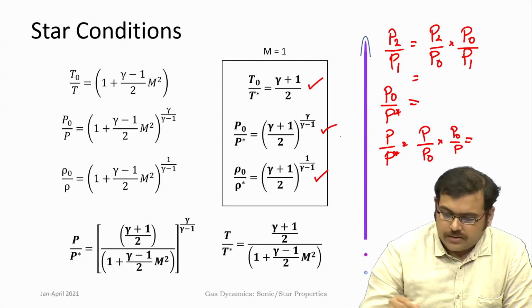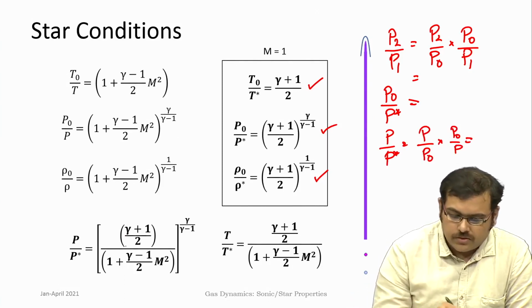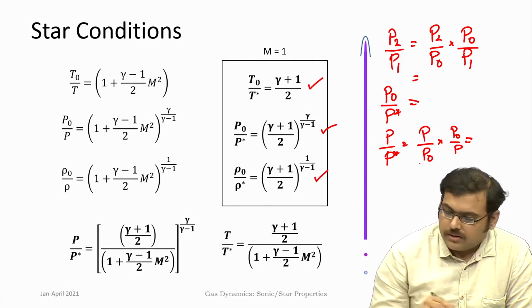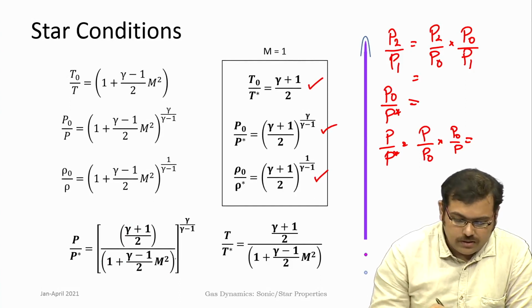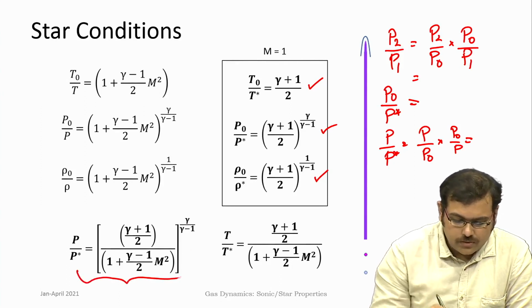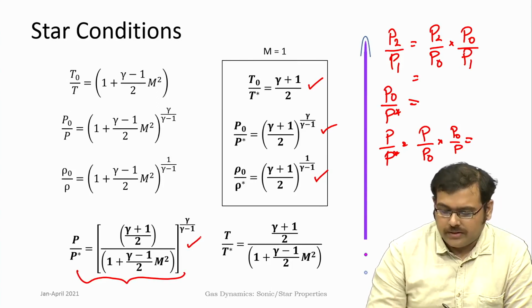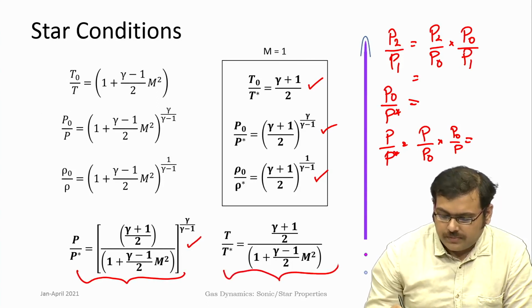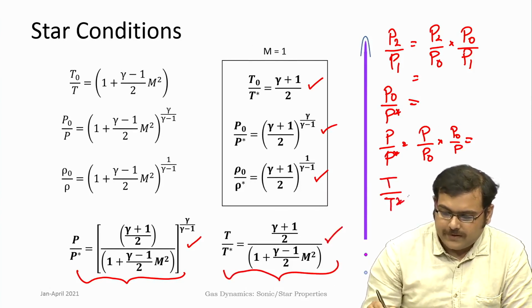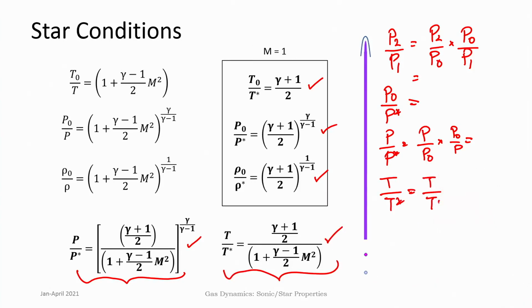P naught by P star is known, this is gamma plus 1 by 2 whole power gamma by gamma minus 1, and P by P naught is also known, 1 plus gamma minus 1 by 2 M square whole power minus gamma by gamma minus 1. So you can represent this by this particular equation. Similarly, T by T star can also be represented by the same principle, T by T naught multiplied by T naught by T star.